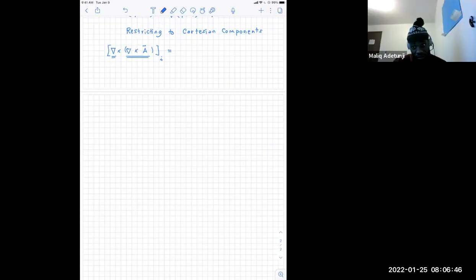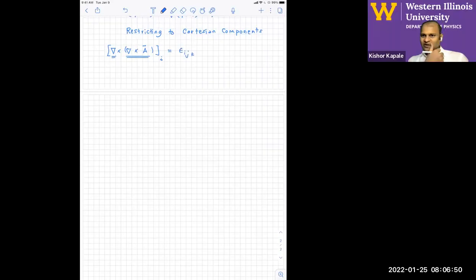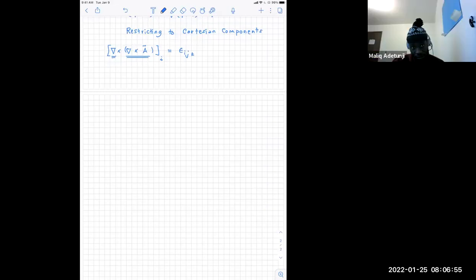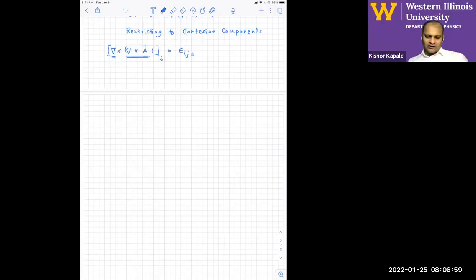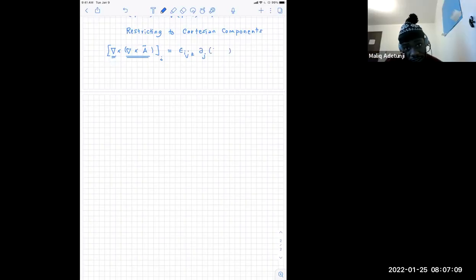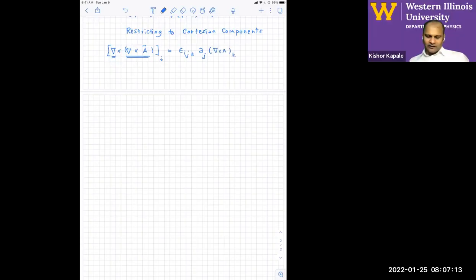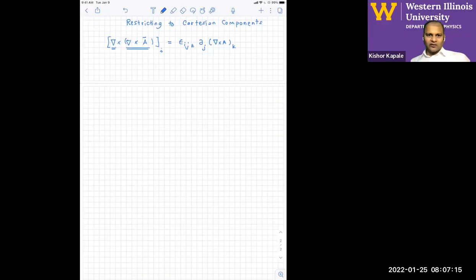The Levi-Civita with the indices ijk, right. Epsilon ijk, very good. Then del j, and del cross A, k. Okay, very good. Thank you, Malik. So everybody agrees with that, right?